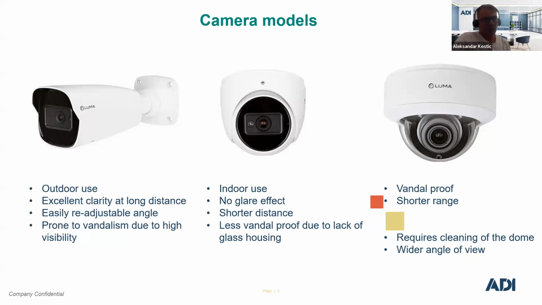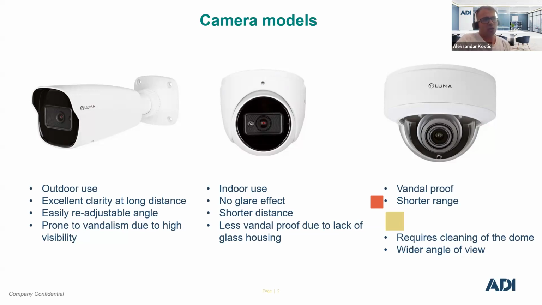And the third type of camera is the dome camera. Dome cameras are the most popular type of form factor, most commonly used. They can be used indoor and outdoor. They have protection domes, so they are quite vandal proof. Compared to the bullet, they provide shorter range, but good enough for outdoor implementation.